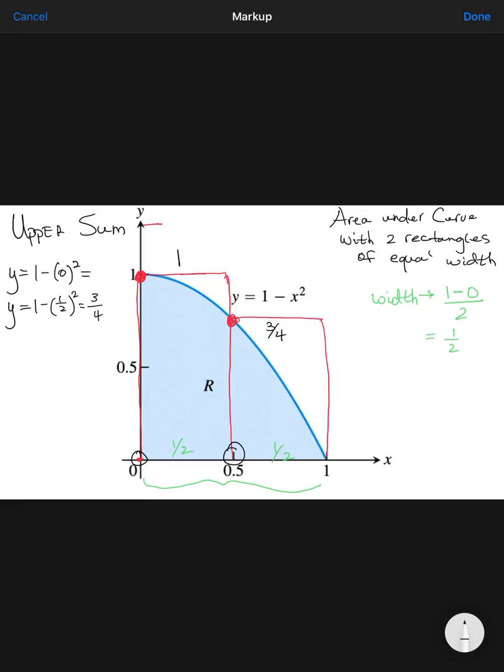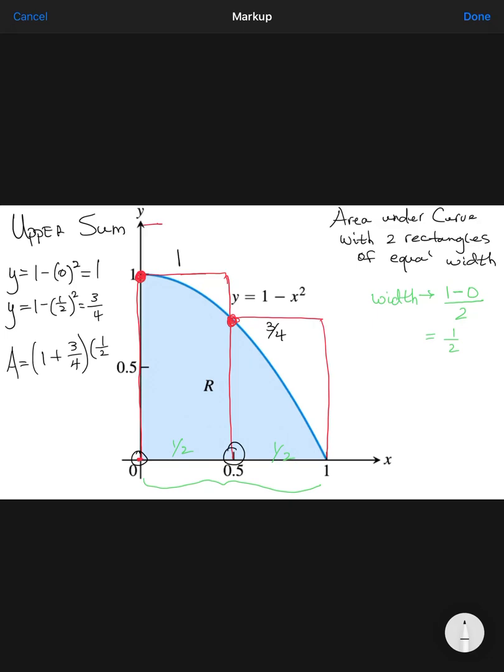Alright, so check this out. Now you have to find the area of this first rectangle, area of the second rectangle. I don't like to do all that. They both have the same width. So this is all you have to do. You take the sum of the heights, 1 plus 3/4, times the width.